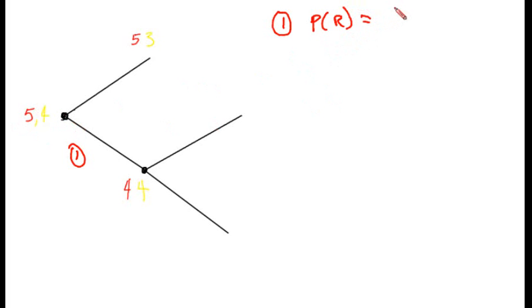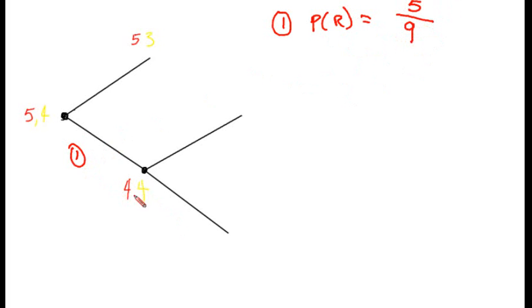Well, the number of times that an event can occur is going to be 5, because we have 5 red balls. And what is the total number of events that could occur? Let's have a look. That's going to be 9, because that's the total number of events in this setup. So this branch number 1 is going to equal 5/9.